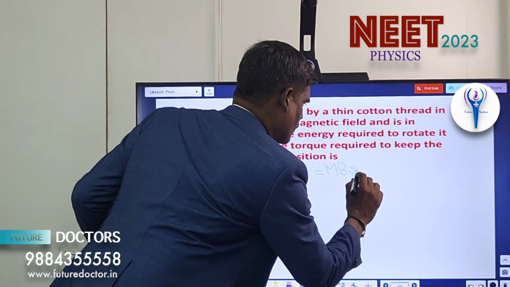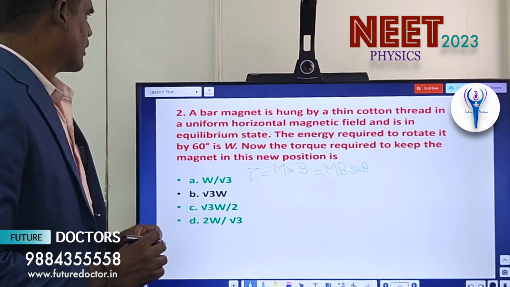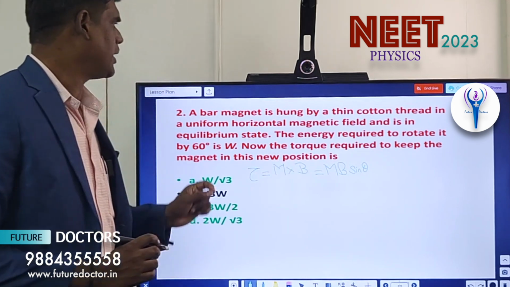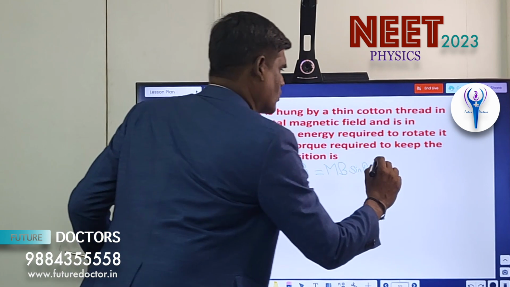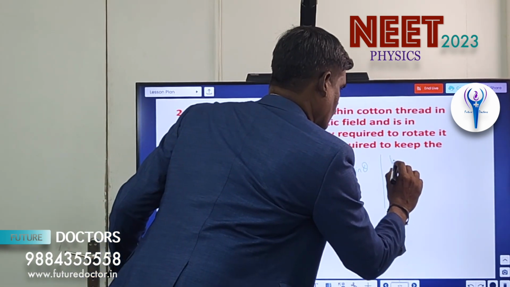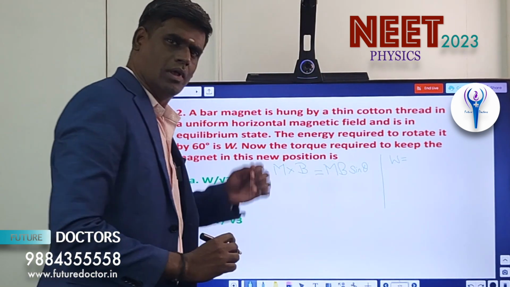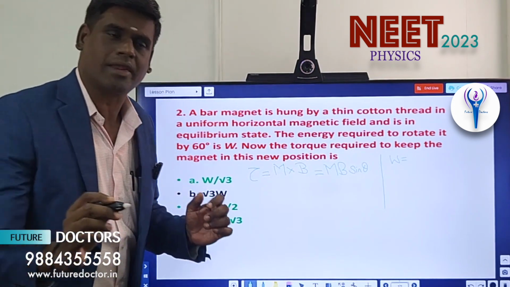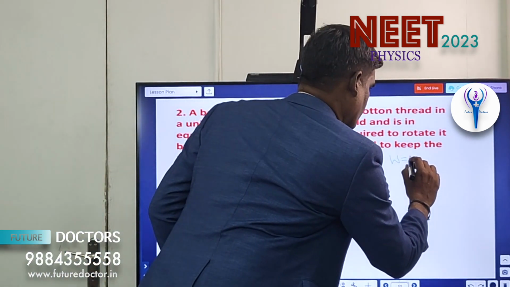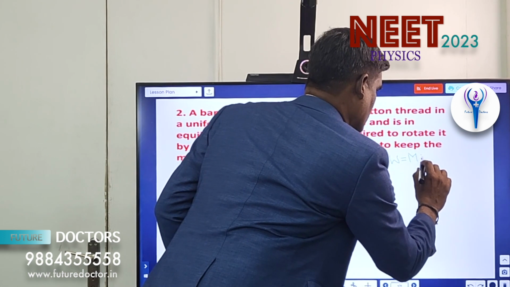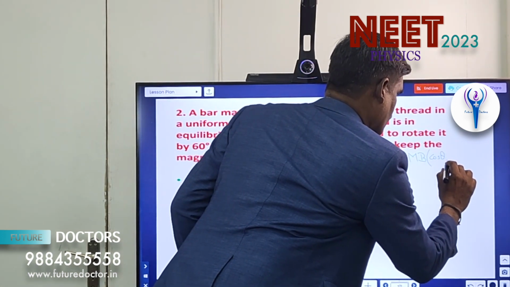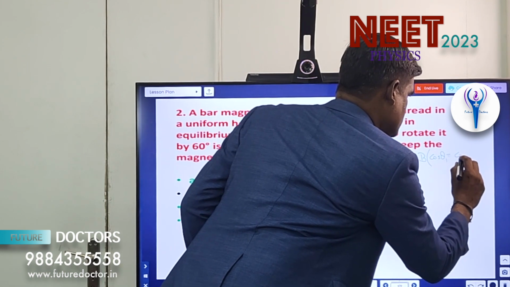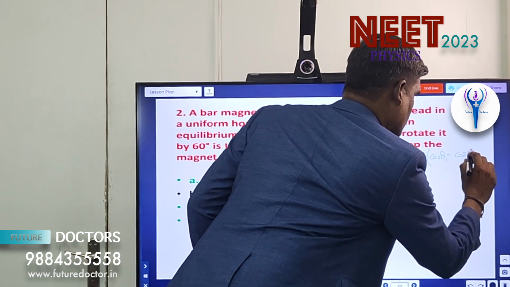Then what is the relation between MB and energy or work? W equal to MB cos theta 1 minus MB cos theta 2, that is MB into cos theta 1 minus cos theta 2.